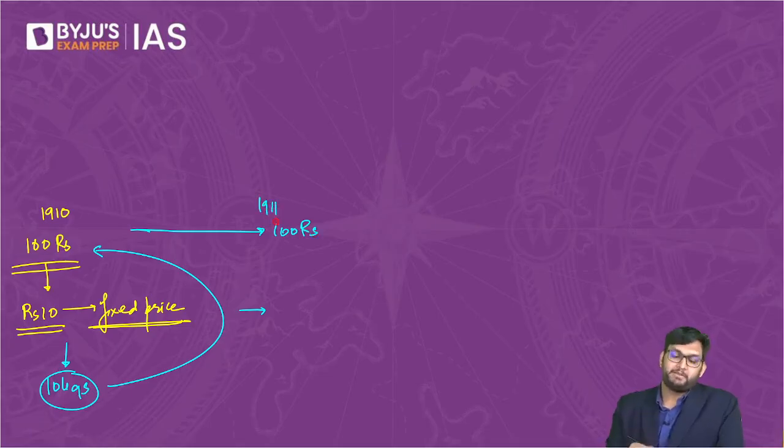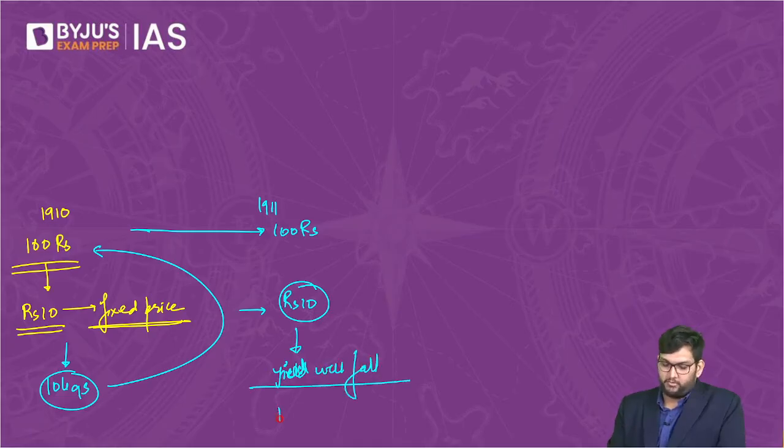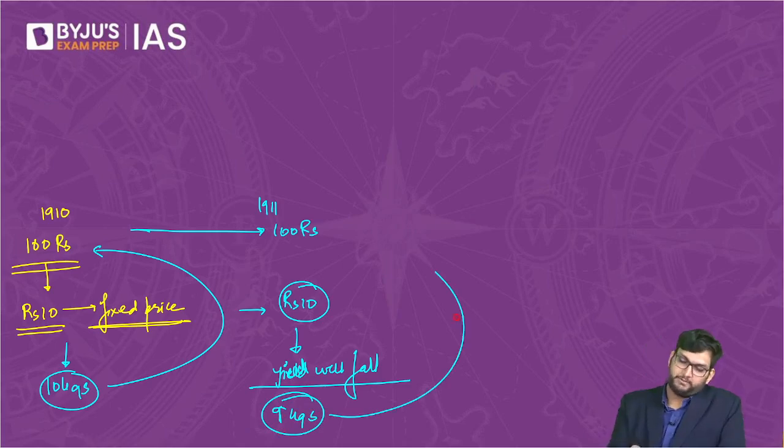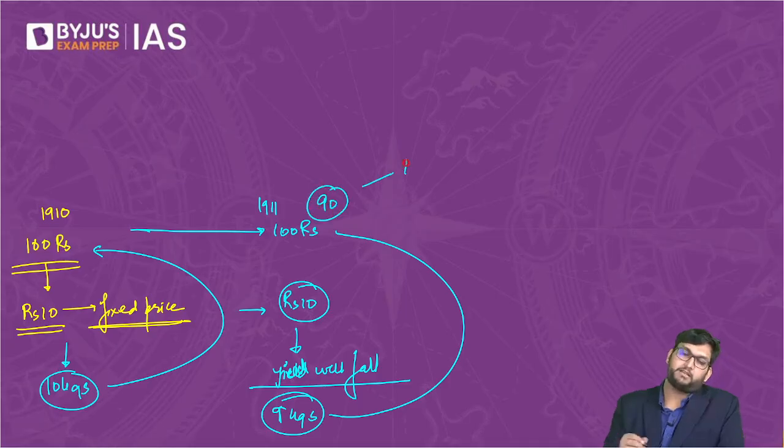But the problem is that again at the same rate, the yield will fall. The yield will fall because now only 9 kgs will be able to be produced, because 1 year of indigo plantation had happened. So now he'll be only able to give 90 rupees, so 10 rupees is owed by the peasant.